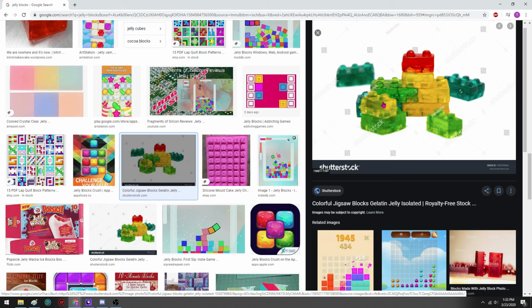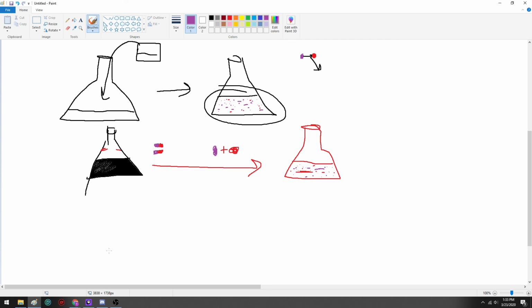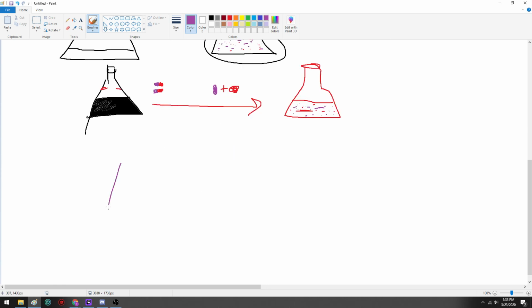When one side has too much pressure on it, let's say we make our Jello block. If we put a lot of pressure on here, and we're saying this is the reactant side, and this side is the product, if we press down here, the Jello block's going to want to shift over to the product side, right? Yep. And vice versa.